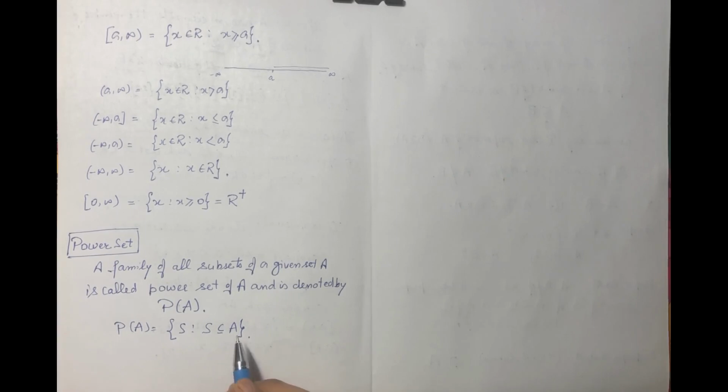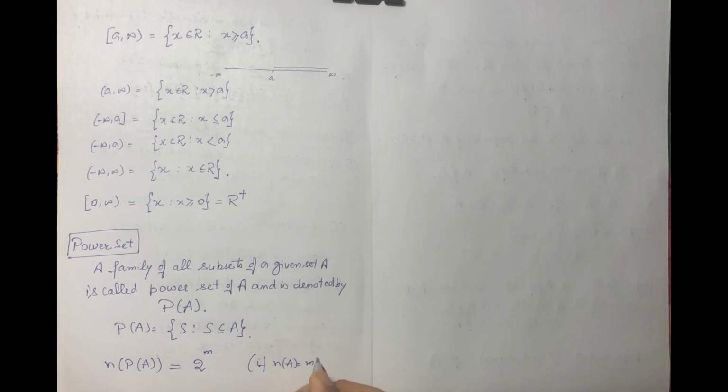If it contains m elements, the number of subsets are 2 power m. So by that, what is order of power set? That is 2 power number of elements in A. If n(A) is m, then this.